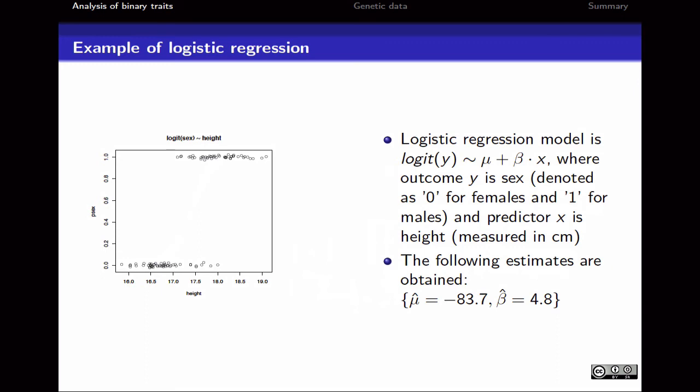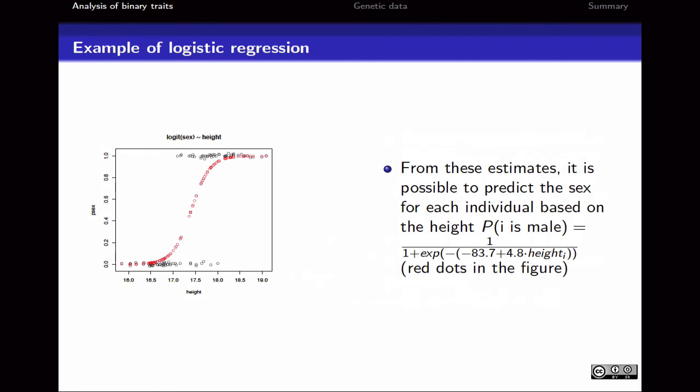So again, the exact interpretation of these values from this logistic regression is very difficult. What is easy is the interpretation of the sign of the beta, and we can tell that if beta is positive, then an increase in the predictor value is associated with increased risk of being 1, with increased probability of the binary outcome to be 1, in our case to be a man.